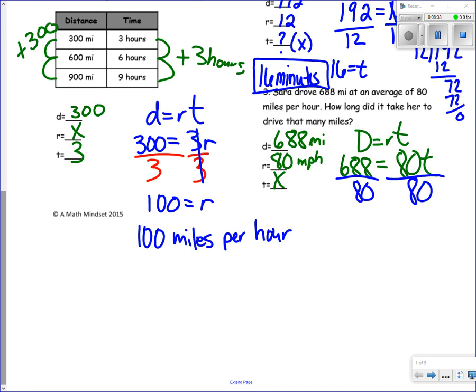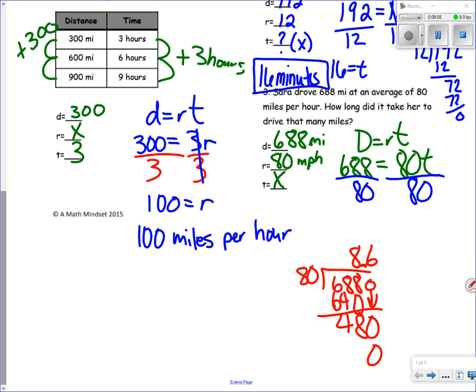I'm going to come down here and do 688 divided by 80. Let's see. 8 times 0 is 0. 8 times 8 is 64. Subtract. I'm going to put a decimal, bring down a 0. 6 and 8 is 48.